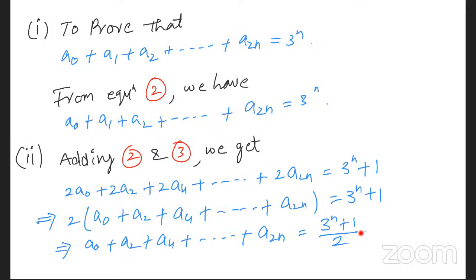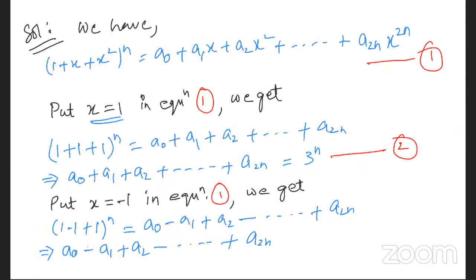And the third one, we shall subtract this. We shall subtract 3 from 2. In other sense, 2 minus 3 implies. So we shall subtract these two. If we subtract, a naught minus a naught will be cancelled.